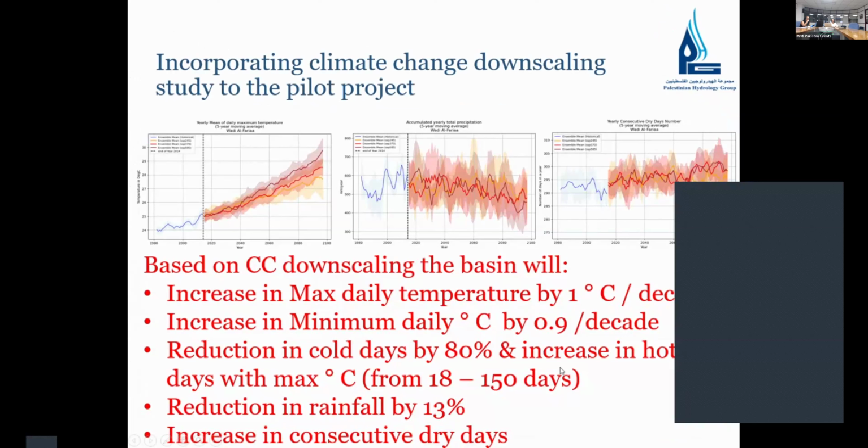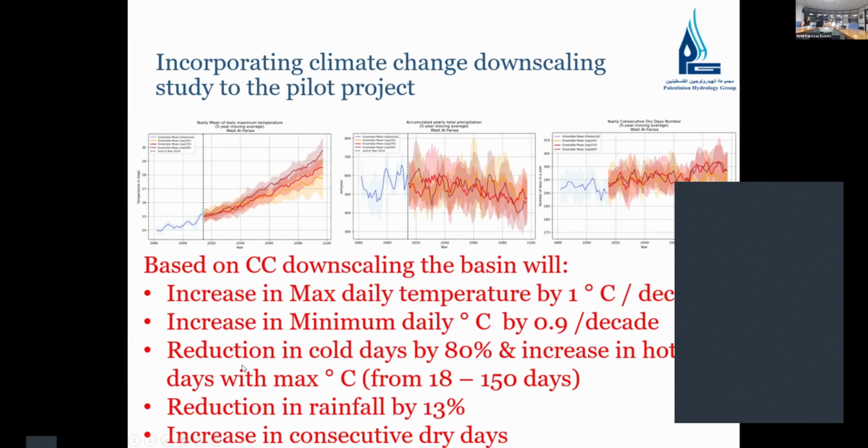In terms of climate change downscaling, according to the study made for downscaling here, we are witnessing an increase in the maximum daily temperature by 1 degree per decade, and that is expected to start rising from 2040 onward. In addition, the minimum daily temperature will be increasing by 0.9 degrees Celsius per decade.